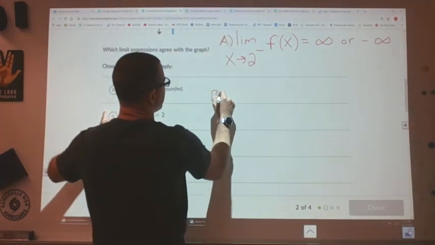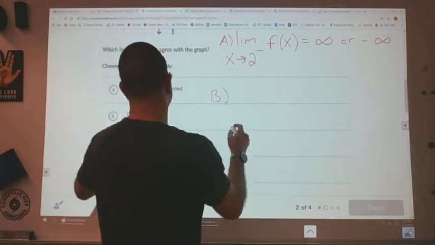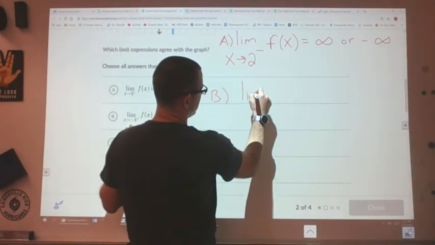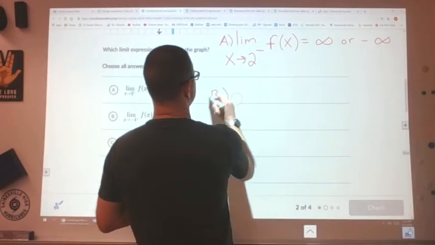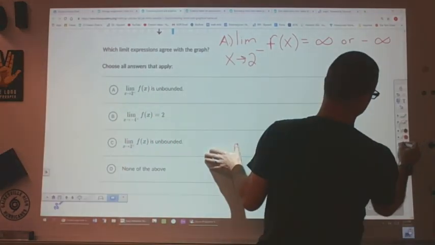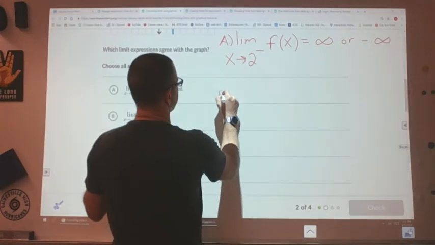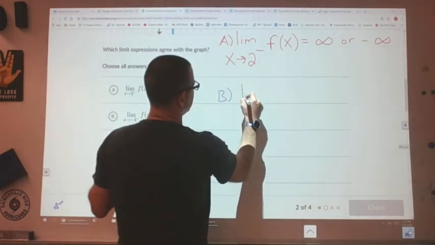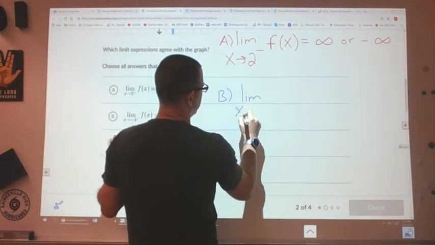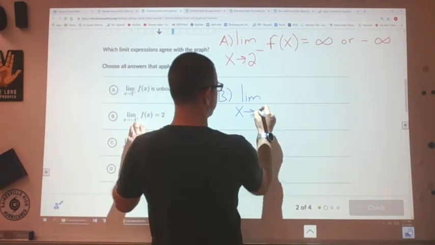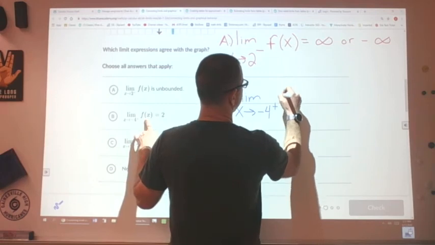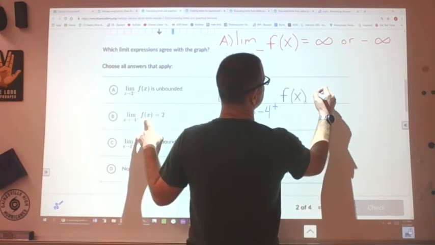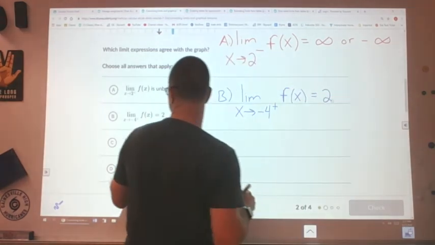B. The limit as x approaches negative 4 from the right is 2.